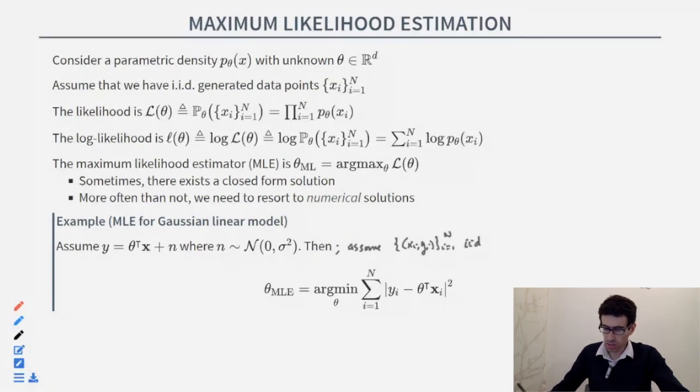So note here that I'm not really specifying the distribution that is required for generating x. The reason it doesn't matter is because the parameter theta that I'm trying to estimate is the one that allows me to relate y to x. And therefore, given x and y, I have all that I need to try to estimate theta. And strictly speaking, the distribution that I'm trying to estimate is the distribution which I could write p of y given x parameterized by theta.